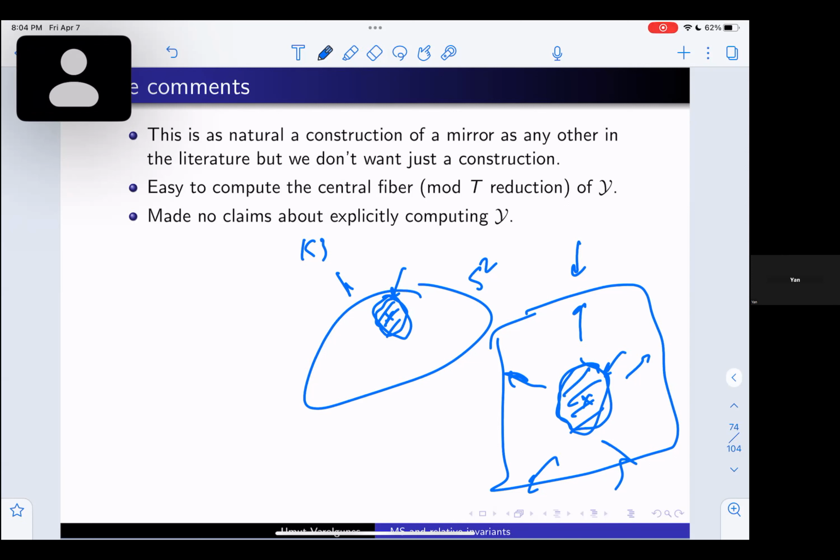For example, if you start with this K3 or whatever other Lagrangian torus fibration, can you show that the essential spectrum of this mirror dual is isomorphic to the base of the Lagrangian torus fibration, that your story agrees with what SYZ predicts?